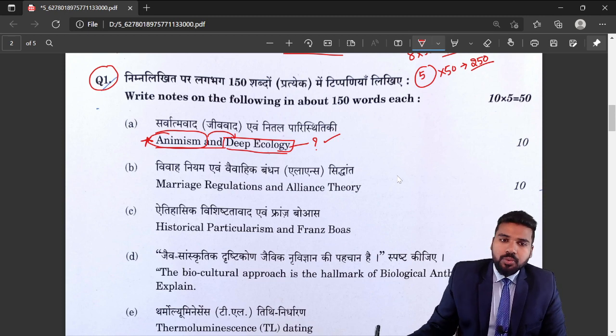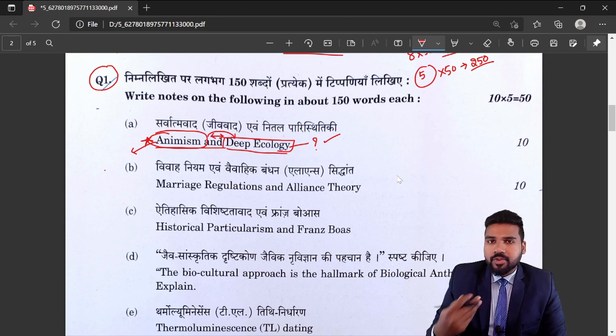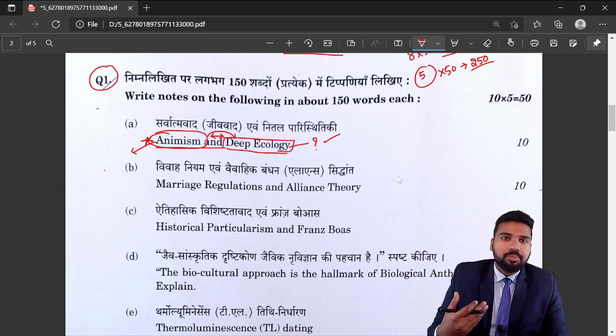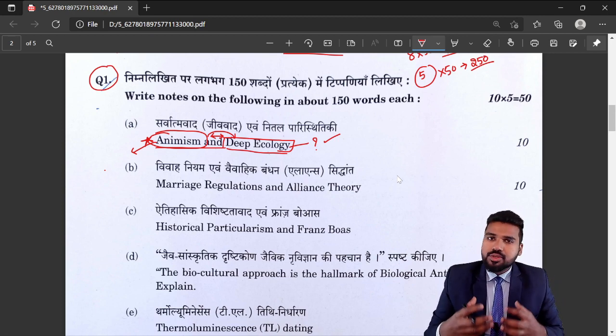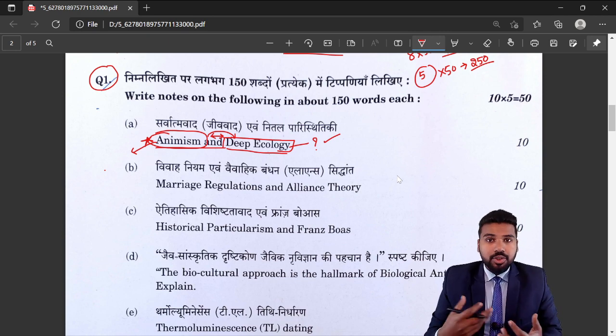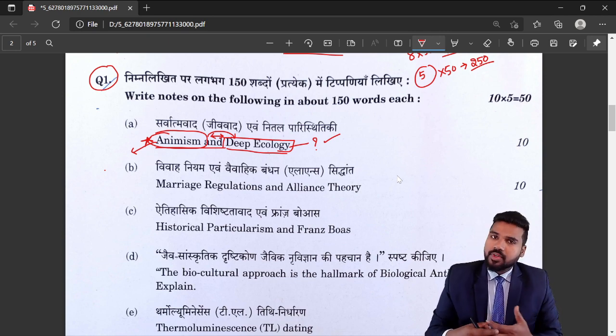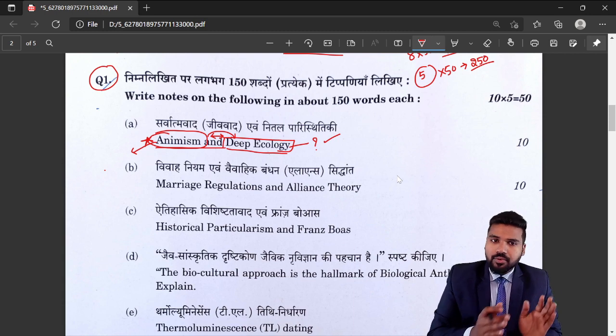Now, how are we going to link animism with deep ecology? If you look at the early form of religion, people started worshipping different animals, different plants, and different parts of nature. So they developed a strong link with nature, thereby duly respecting and conserving nature. That is where you have to link both of them.